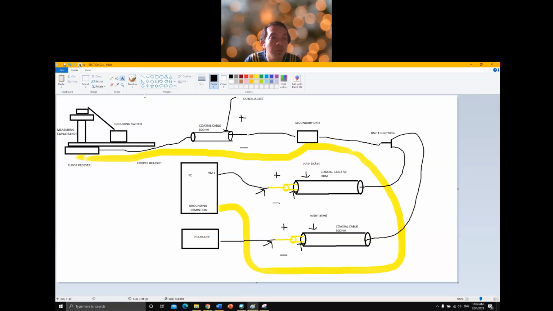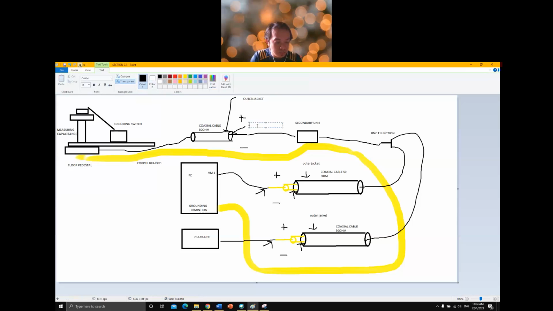Inside the outer jacket we have a metallic shield.